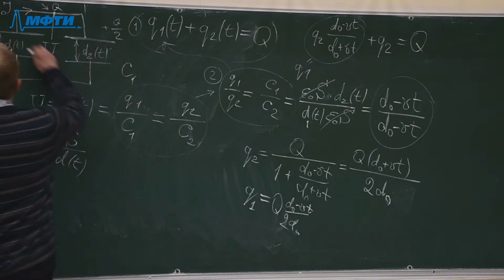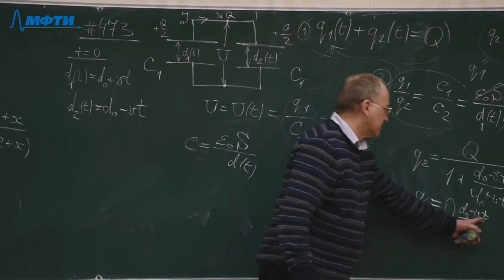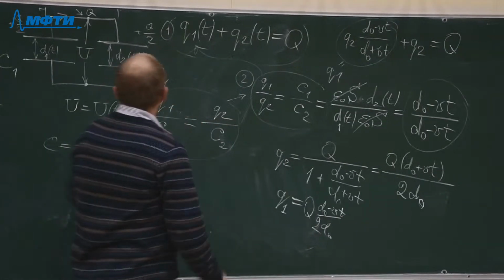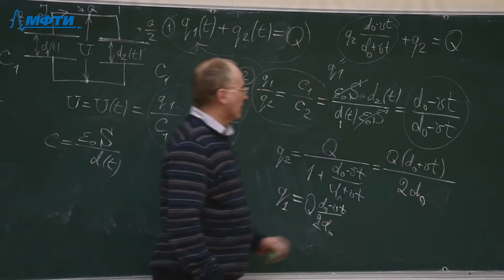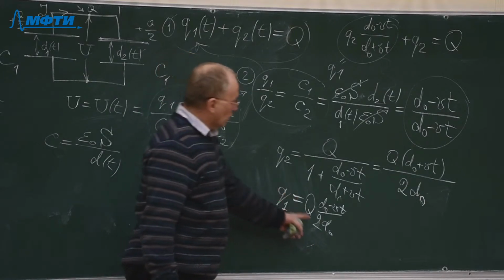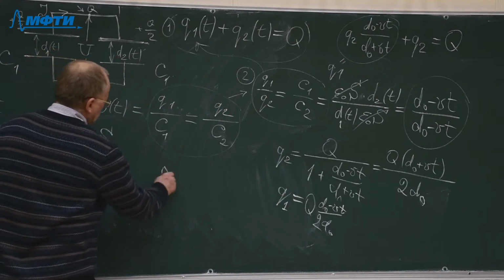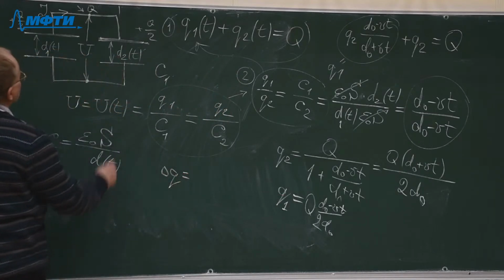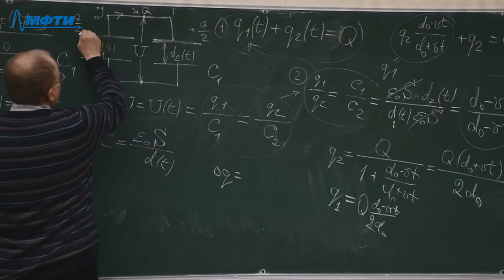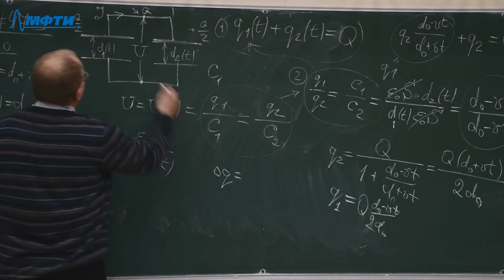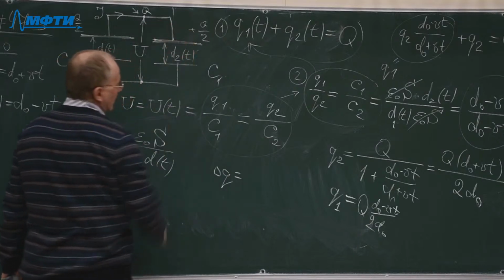And so the charge here changes. It's decreasing in time, because we have here minus t. And the charge on the second capacitor is also changing, but it's increasing with time. Increasing. And it's obvious that the amount delta Q, that is the charge which will flow from one capacitor to another, the charge lost by the first capacitor will be equal to the charge gained by the second capacitor.